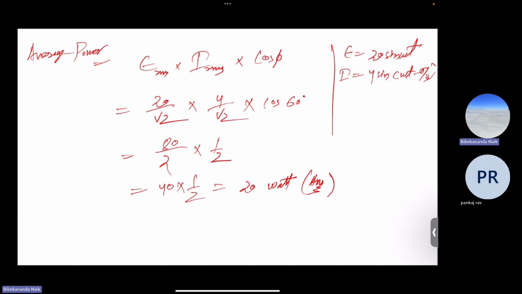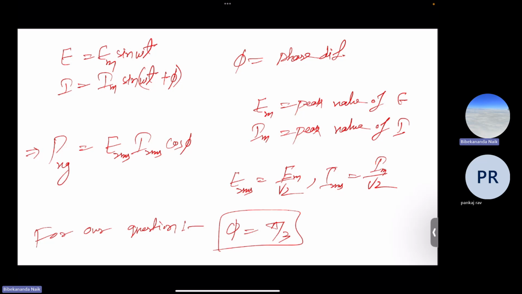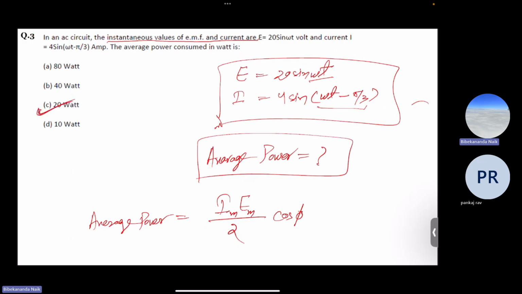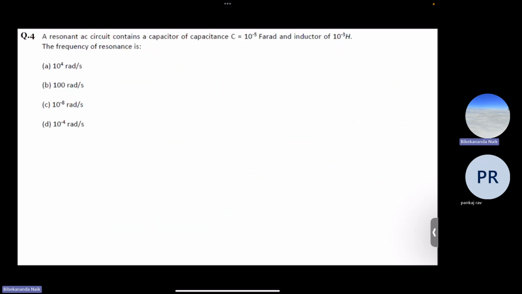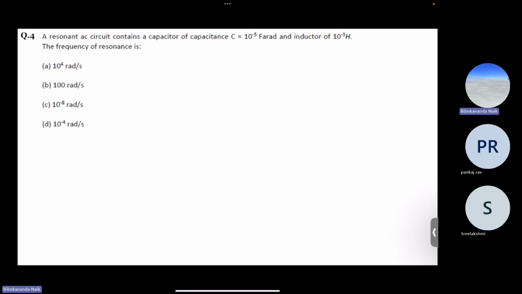So the correct answer is option C, 20 watt. I hope this is clear to everyone. Now we will move to question number 4. Question number 4 says a resonant AC circuit contains a capacitor of capacitance 10 to the power minus 5 farad and inductor of inductance 10 to the power minus 3 Henry.